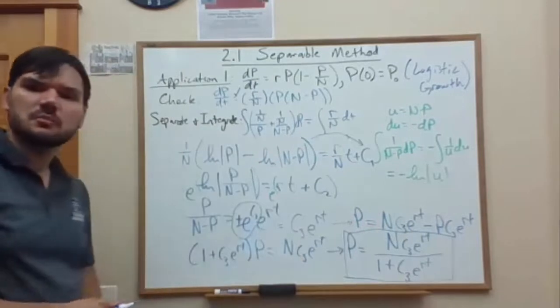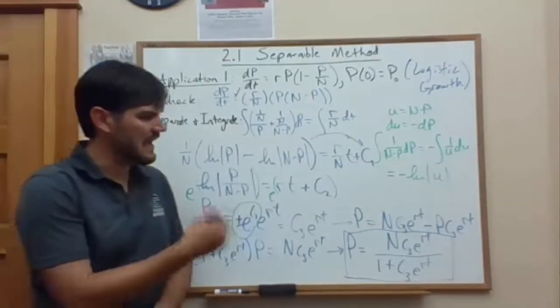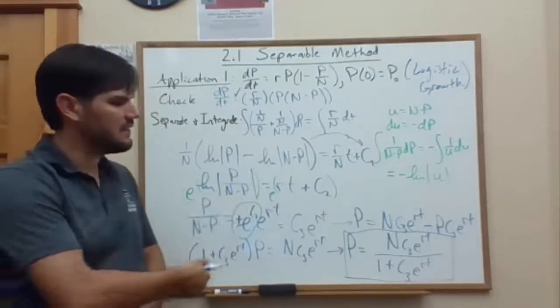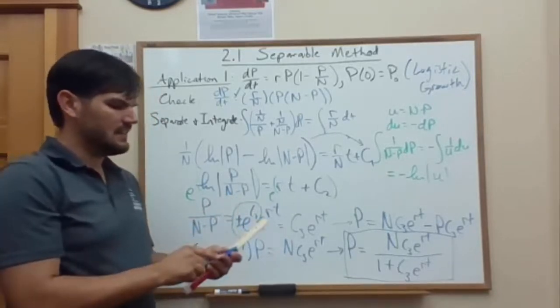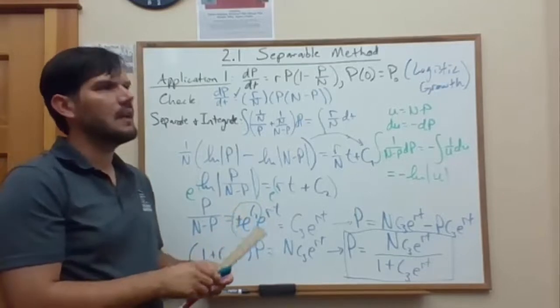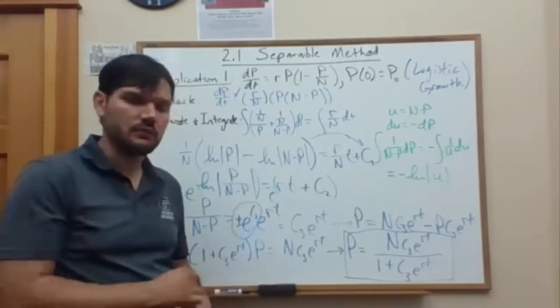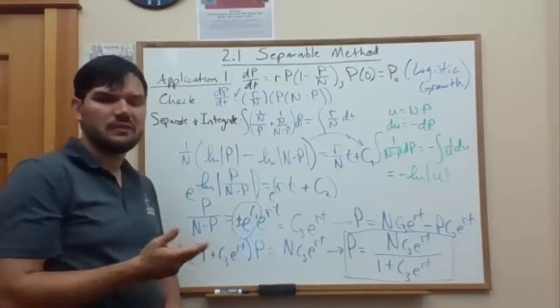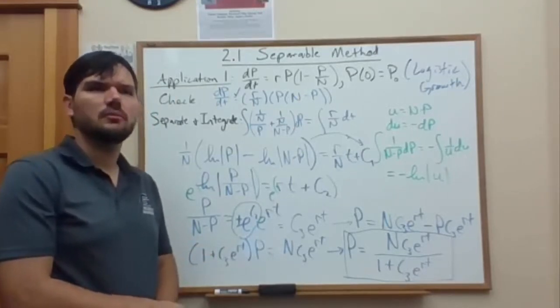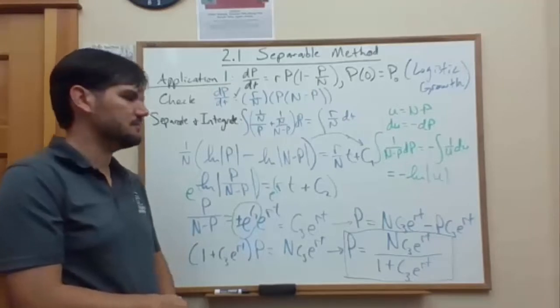So there is an explicit solution. P is equal to N times c3 times e to the rt divided by 1 plus c3 e to the rt. Now, this is not an optimal form of that solution. The reason is we have c3 showing up in two different locations. We'd like to make it show up in only one location.